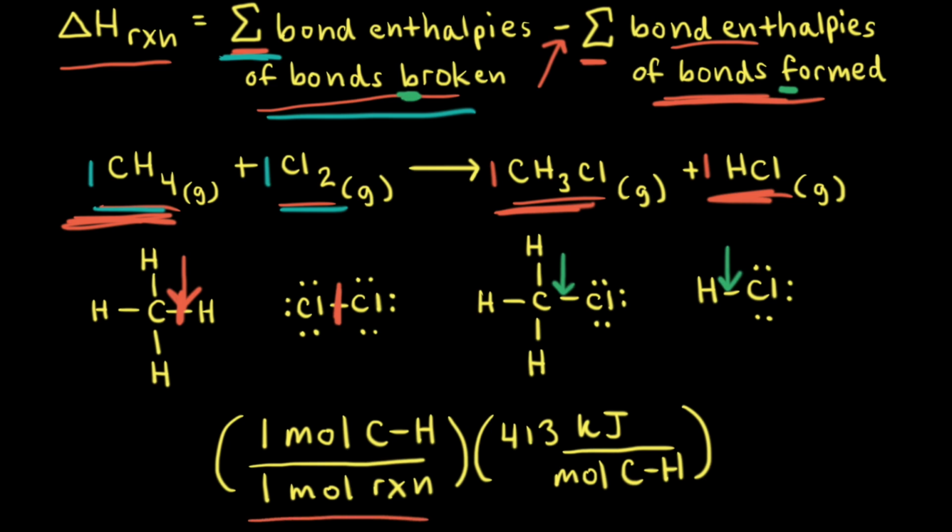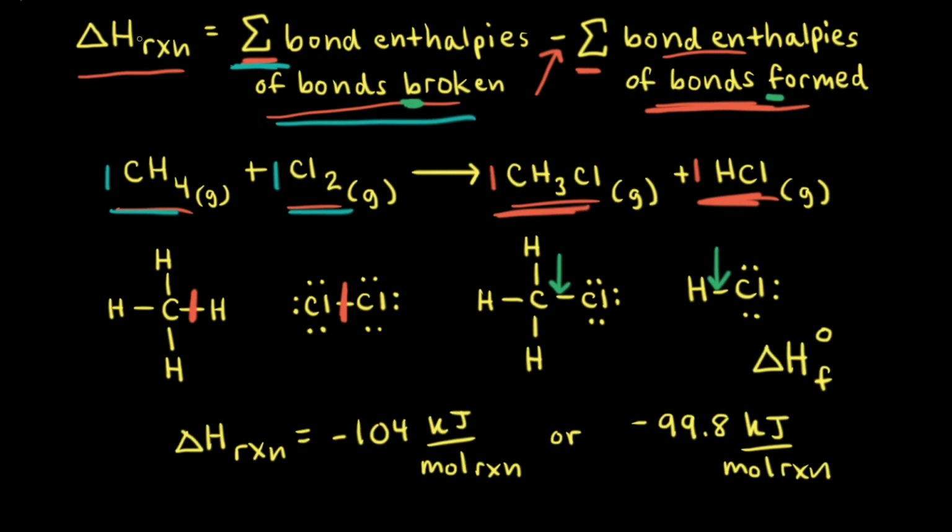And then when we multiply that by the bond enthalpy, it's 413 kilojoules per mole for a carbon-hydrogen bond. This cancels out moles of carbon-hydrogen bonds, and this gives us kilojoules per mole of reaction as our units. So it's more time-consuming to write it this way, but we could do that for all of our different bond enthalpies to get kilojoules per mole of reaction for the units for our final answer.